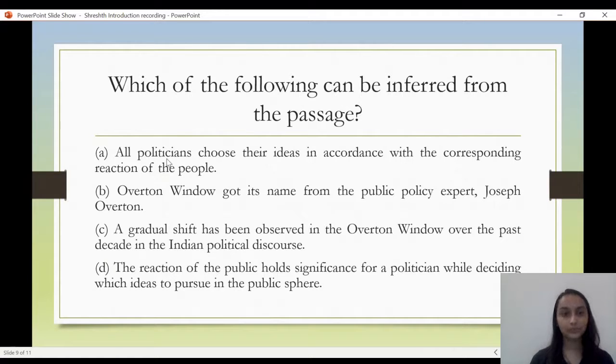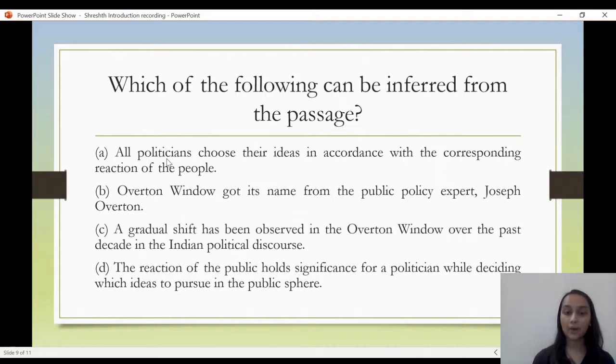All right, option C. A gradual shift has been observed in the Overton window over the past decade in the Indian political discourse. Option C is also incorrect since it is bringing in outside information into the passage. What this option is talking about is beyond the scope of the passage. Therefore, this option is wrong as well.